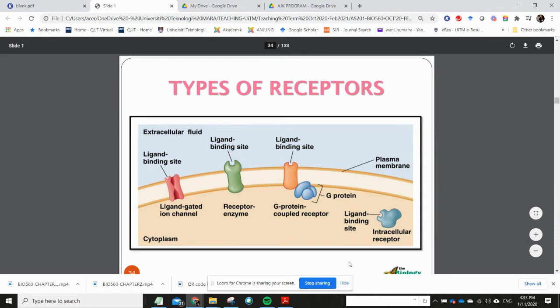And the last one is the intracellular receptor. So we have four types of receptors. First type, ligand gated ion channel. Second type, receptor enzyme. Third type, G protein coupled receptor. Fourth, intracellular receptor, which is inside the cell. The transmembrane receptors are located at the plasma membrane.